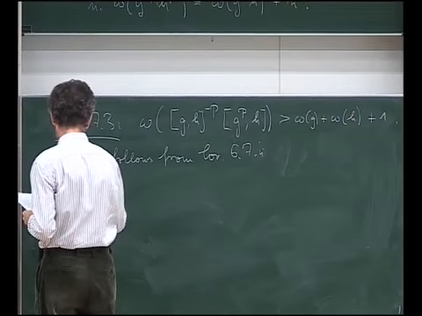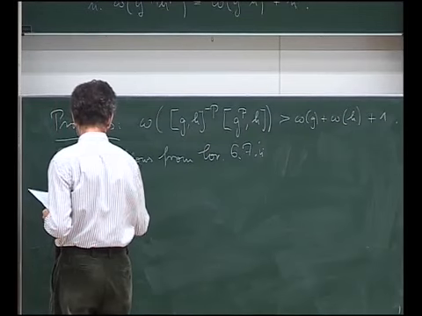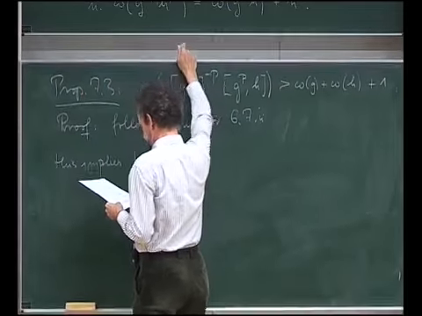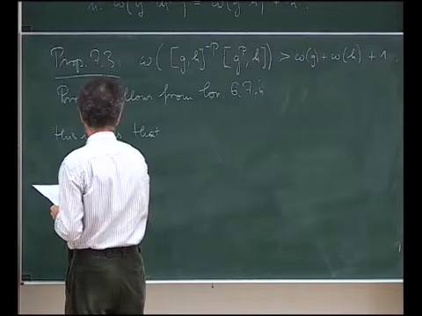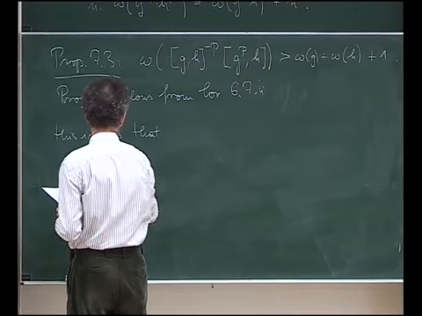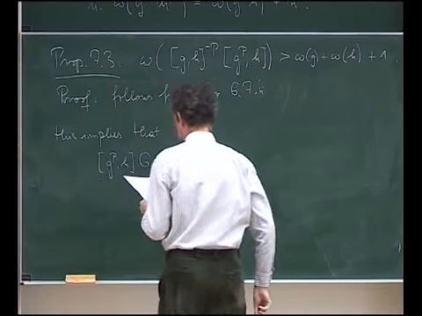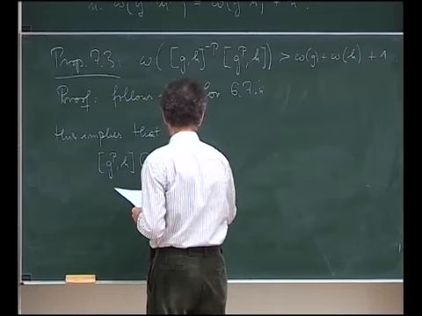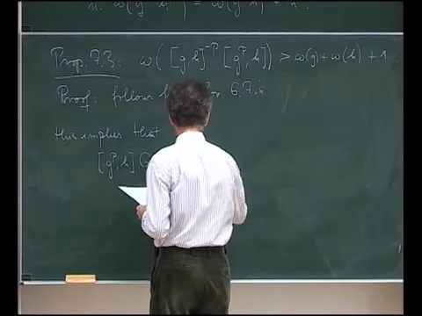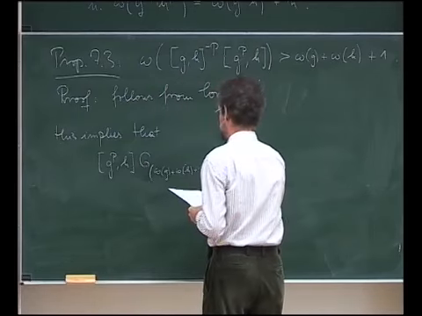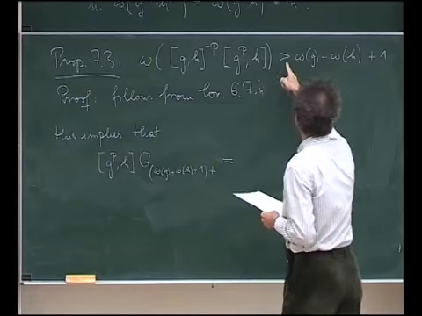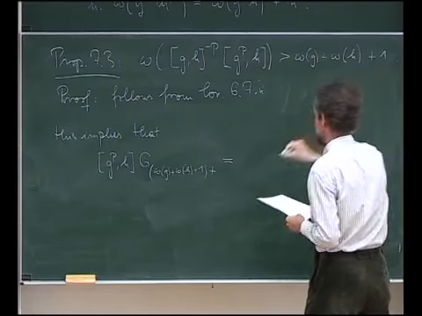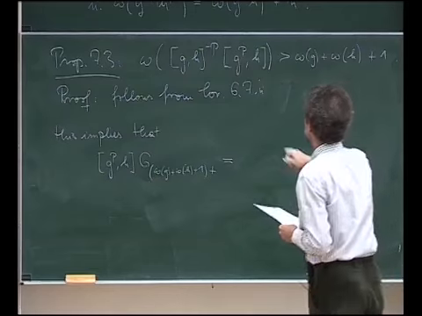But so this means, this implies that we have the commutator of g to the p and h modulo omega g plus omega h plus 1 plus is the same, right?